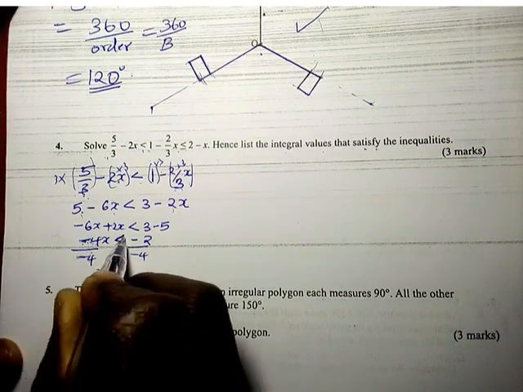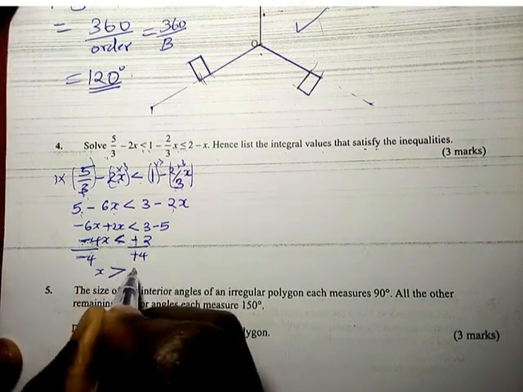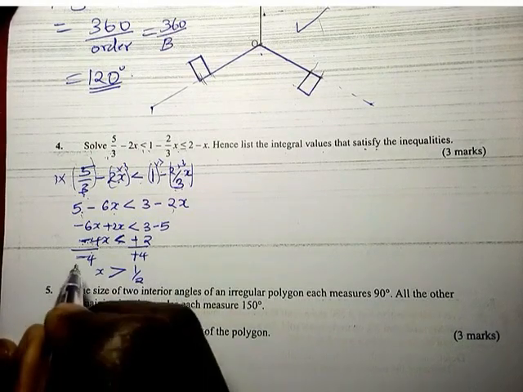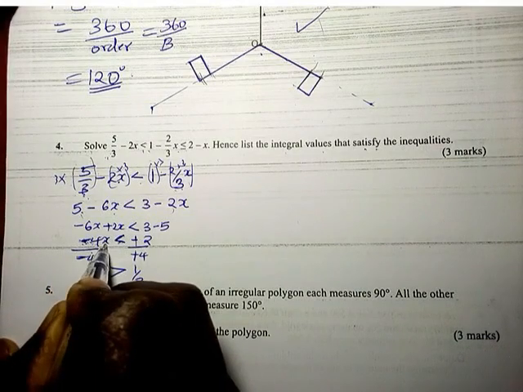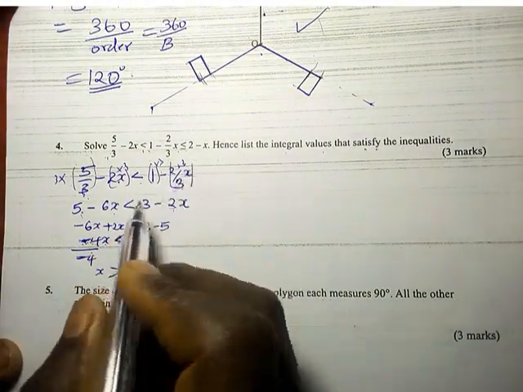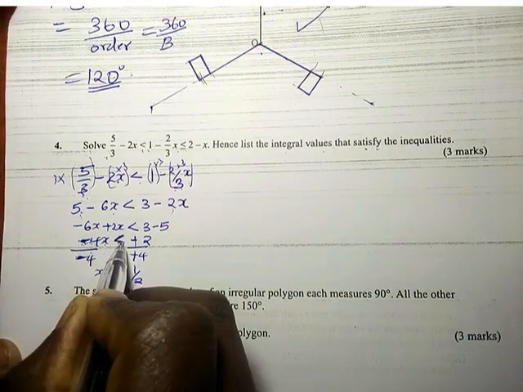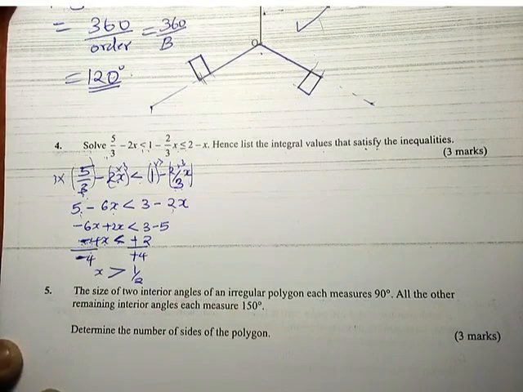So ilikuwa less, sasa itakuwa greater. Hii itakuwa positive, itakuwa a half. Umesikia venye nimesema kweli? Siku zote ambao ukidivide by a negative na coefficient of x na una deal with inequalities, the sign inabadilika. Hii ilikuwa less, sasa itakuwa greater kwa sababu umedivide by na negative number.